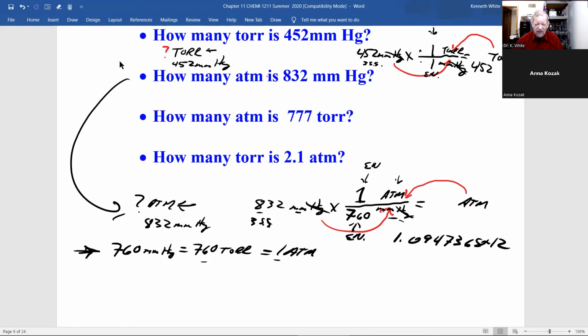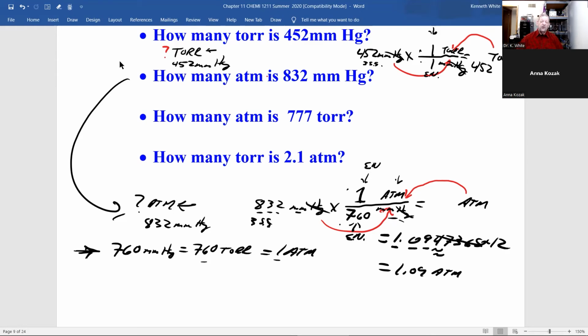All non-zero numbers are significant. These 2 are exact numbers, so we have to round this off to 3 significant figures. Keep the 1, keep the 0, keep the 9. Those are my 3 significant figures. And the one to round off is this number. Is that 4 or less? Duh, yes it is. It's 4. So I drop all that, and the correct answer is 1.09 atmospheres.